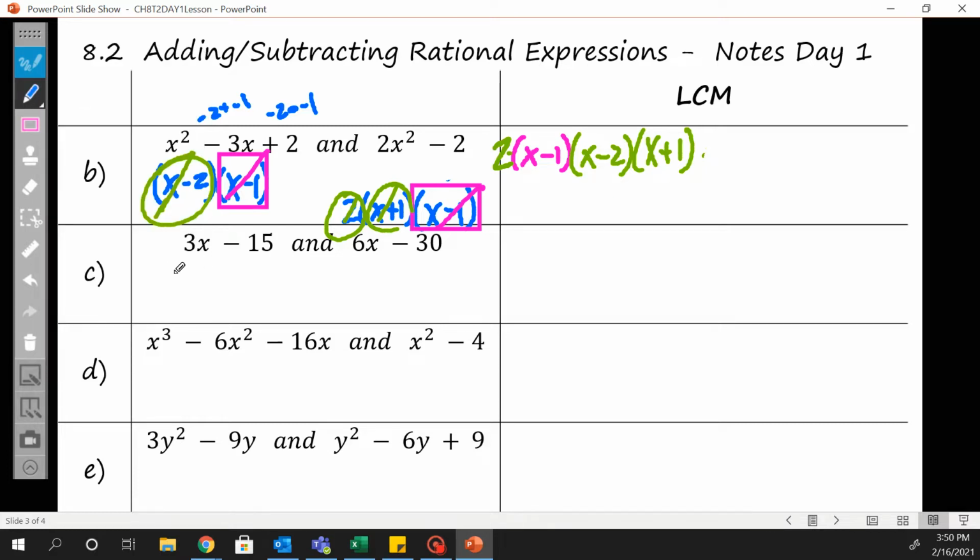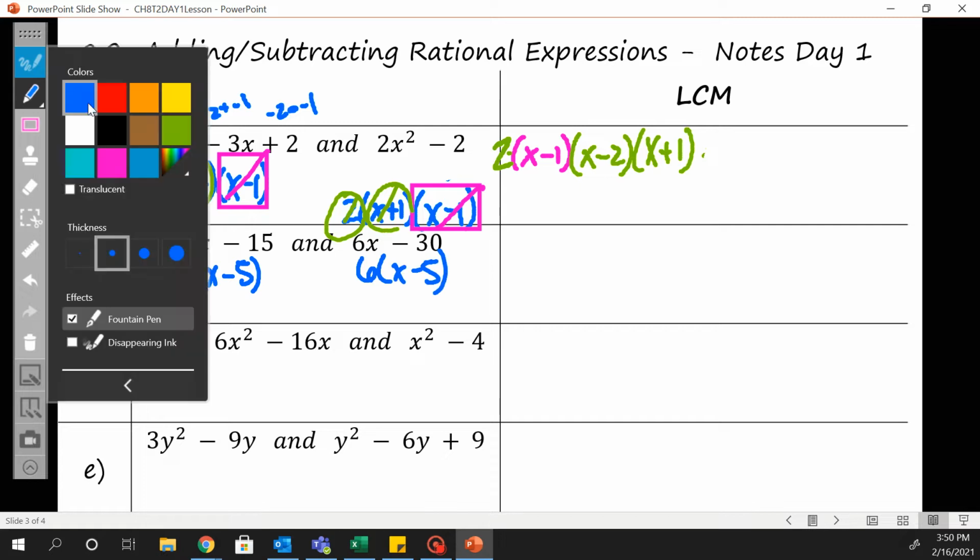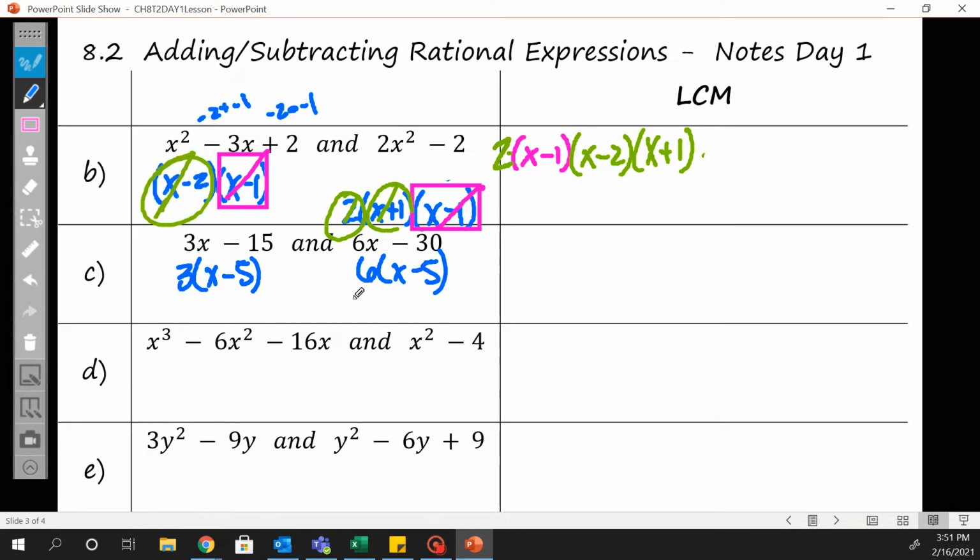All right, letter C. So we factor this. So 3 comes out and we're left with x minus 5. Factor this, a 6 comes out and we're left with x minus 5. So their LCM, well, actually, I need to break down this 6. I need to break that into 3 times 2. So the factors of this are 3 times 2 times x minus 5. The factors of this are 3 times x minus 5. So what do they have in common?